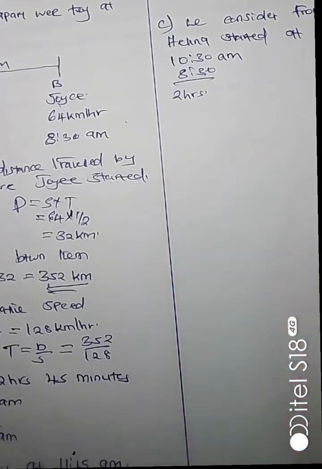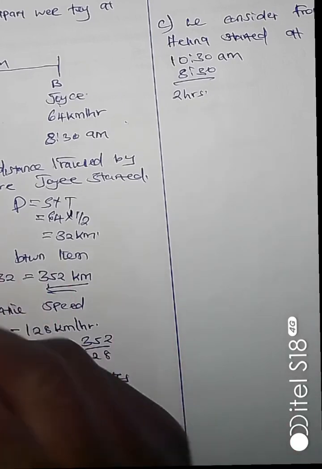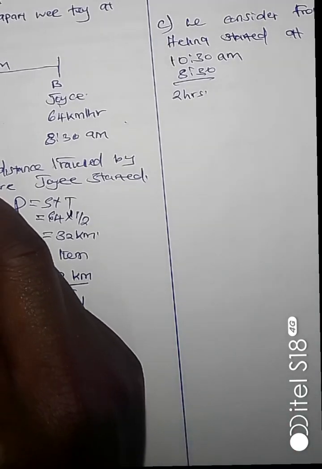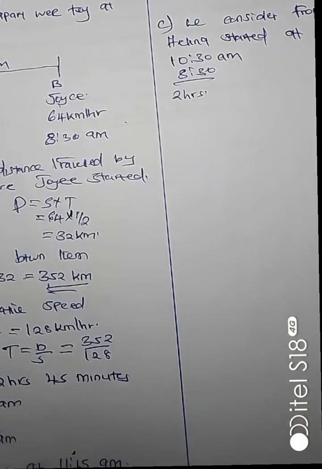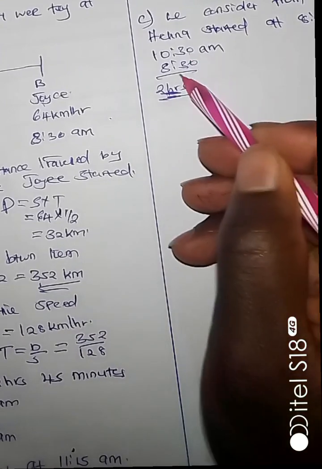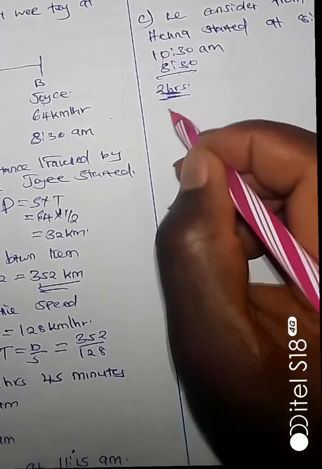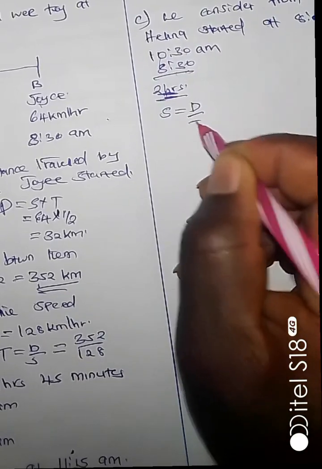Okay, here we can see, from 8:30 to 10:30, that is 2 hours. So speed is equal to distance over time.